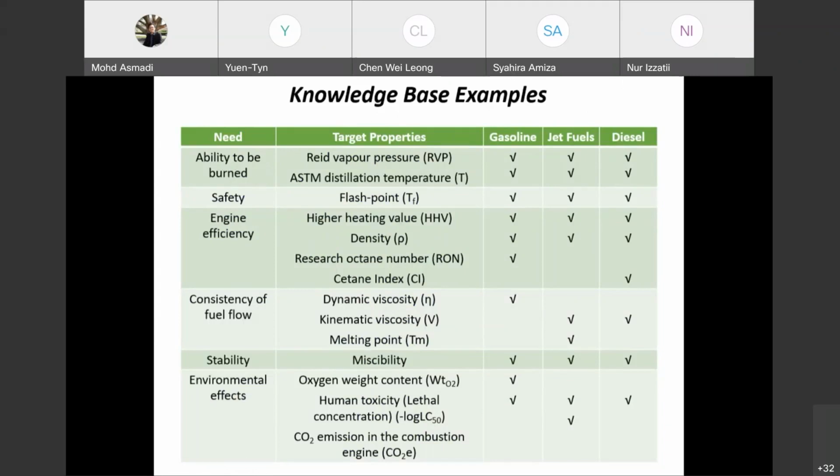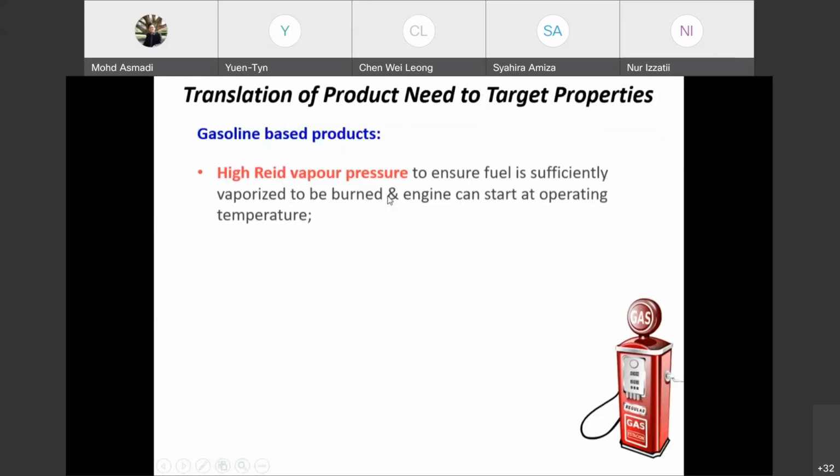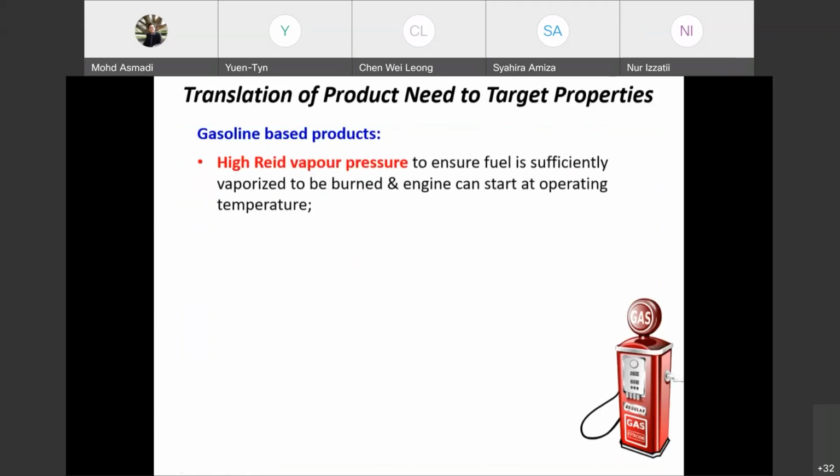If you look here, we can compare gasoline, jet fuel, and also diesel. For gasoline based products, the target property is high rate vapor pressure. This is to ensure fuel is sufficiently vaporized to be burned. Meaning that the red one is the target properties and the black color is a need.